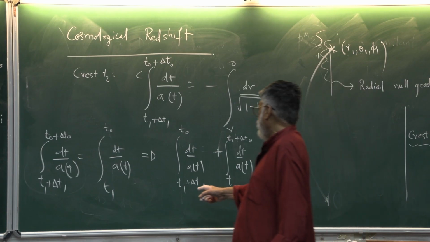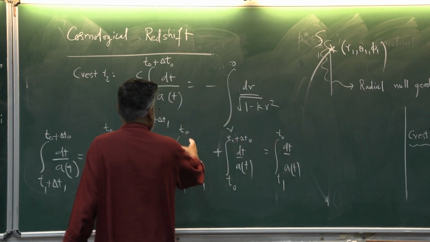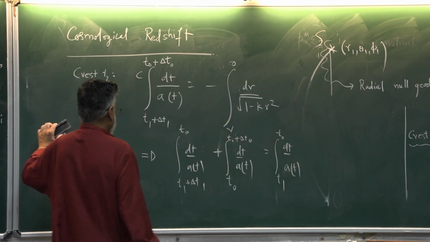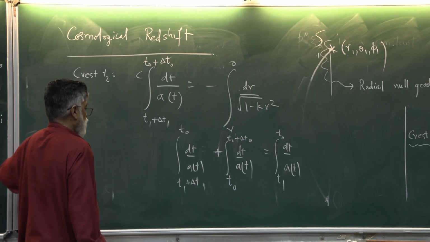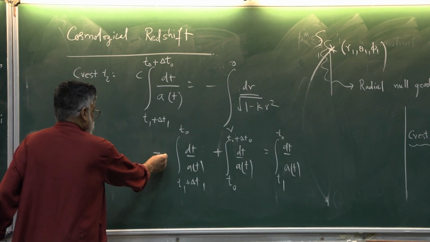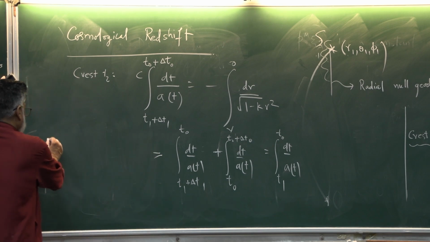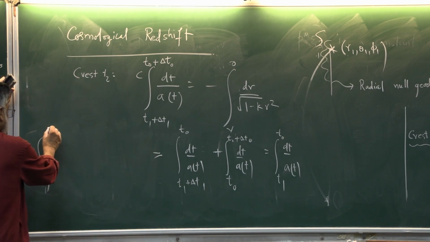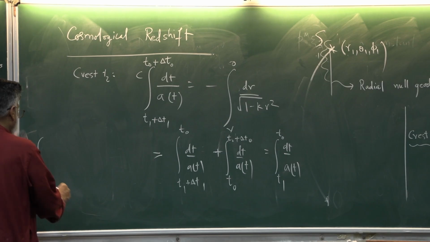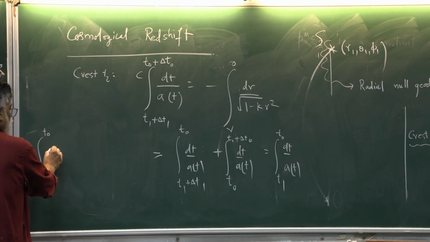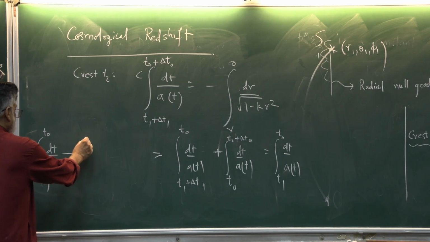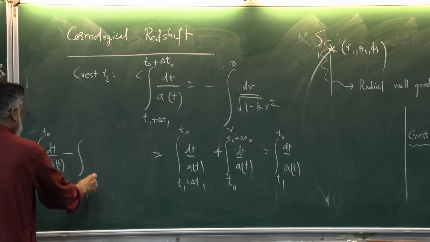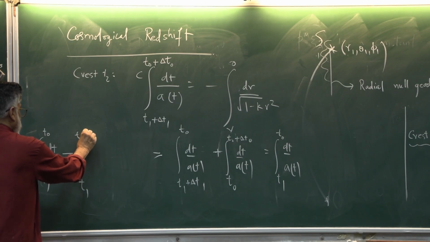But the integral from t1 plus delta t1 to t naught of dt by a of t can also be written as the integral from t1 to t naught of dt by a of t minus the integral from t1 to t1 plus delta t1.